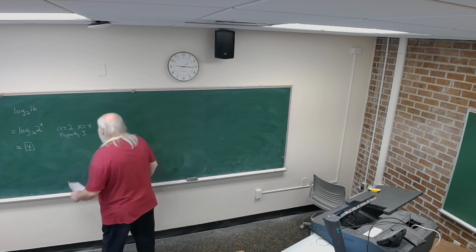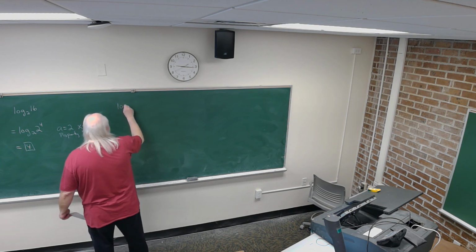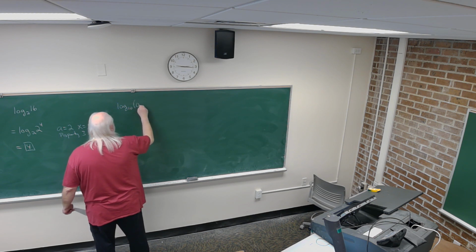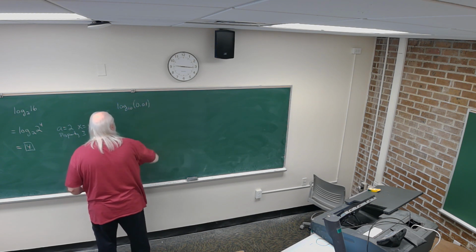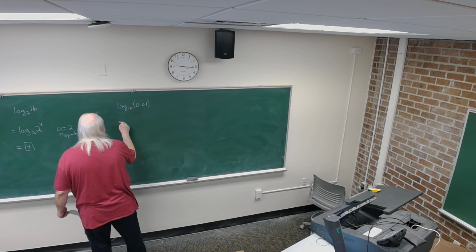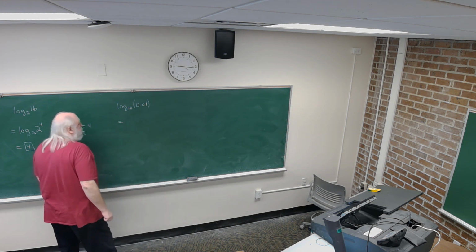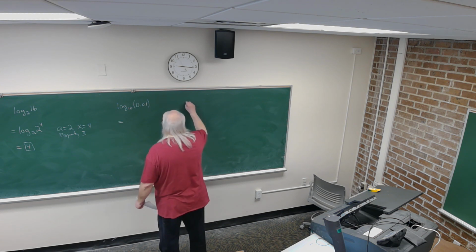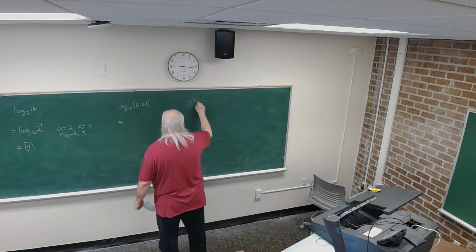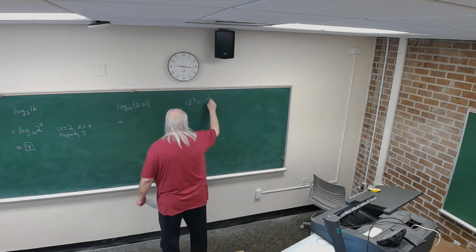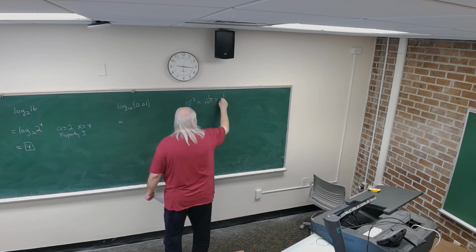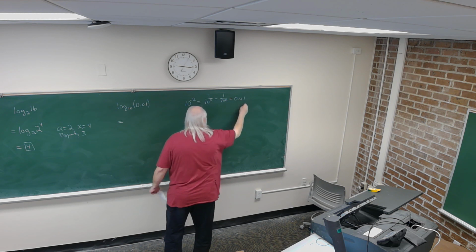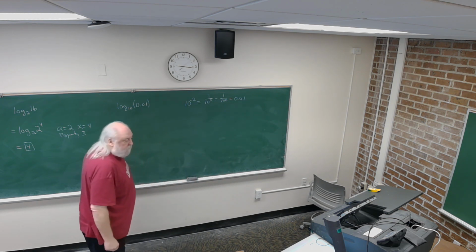All right, in B, we have log base 10 of 0.01 is equal to what? Well, 10 to the minus 2 is the same as 1 over 10 squared. 10 squared is 100, and 1/100 is equal to 0.01.